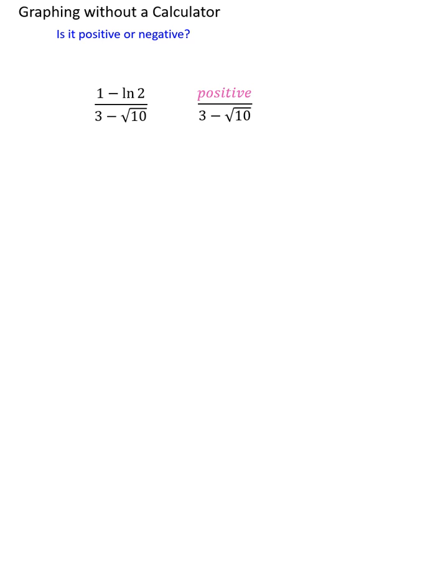Now let's look at the denominator. Radical 10. I don't know exactly what that is without a calculator, but I know that radical 10 has to be bigger than 3. After all, radical 9 is 3, so radical 10 must be bigger than 3 since radical is an increasing function. So my denominator is essentially 3 minus something bigger than 3.